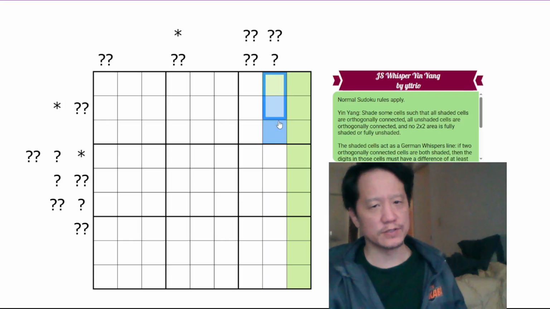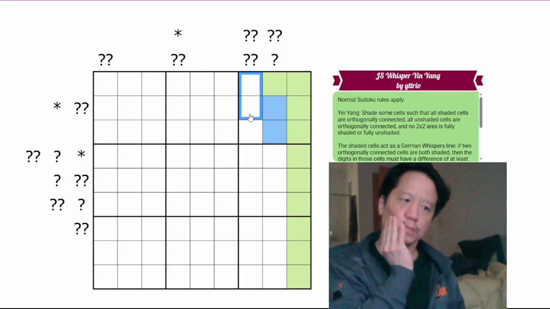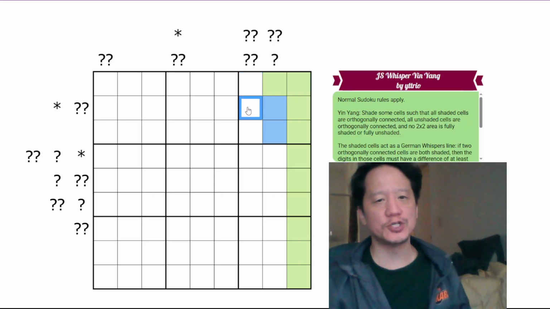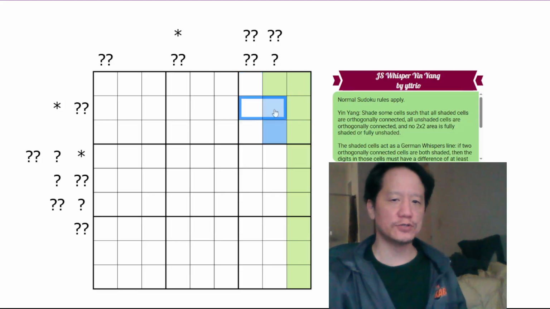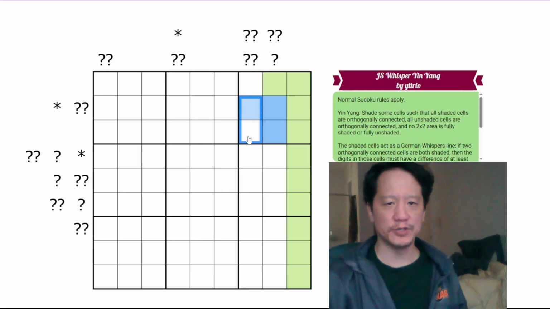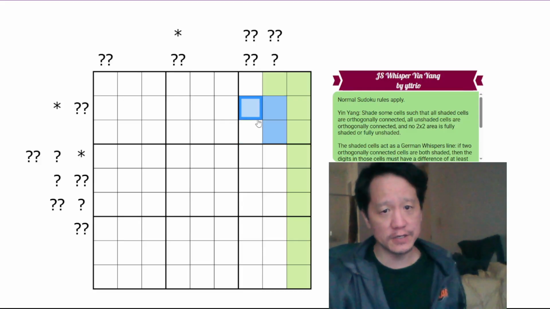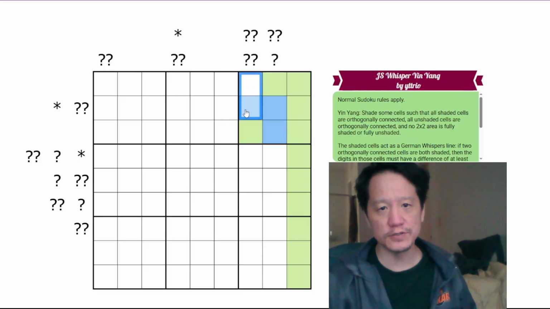We don't know about this. Obviously it cannot be shaded here. Oh, this is a 2-cell shading because the last shading has to be 2 cells. So this is shaded. It cannot be shaded here because then that would be a 2x2 area that's all shaded. This is unshaded, so this must be a 2x2 area to be a 2-digit number, so that's shaded there.